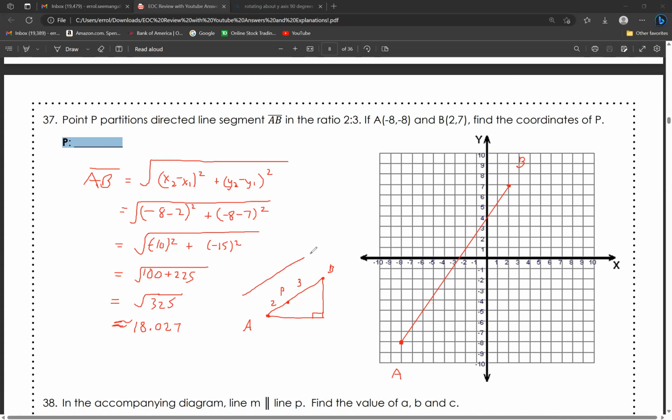But we know the whole thing is 18. Let's draw it perfectly vertical. If we know that's 2 right there, this would be 1, and then this would be 1. Is that right? 1 squared.